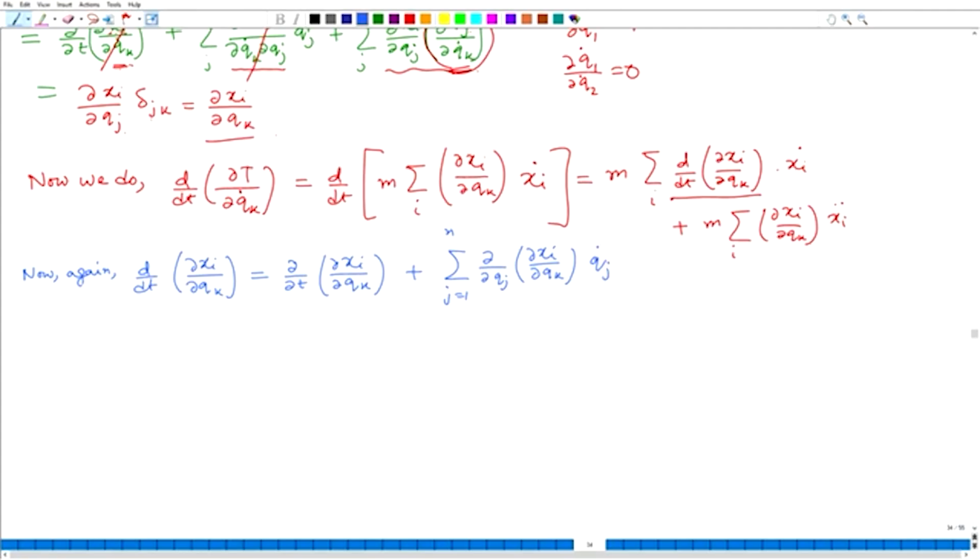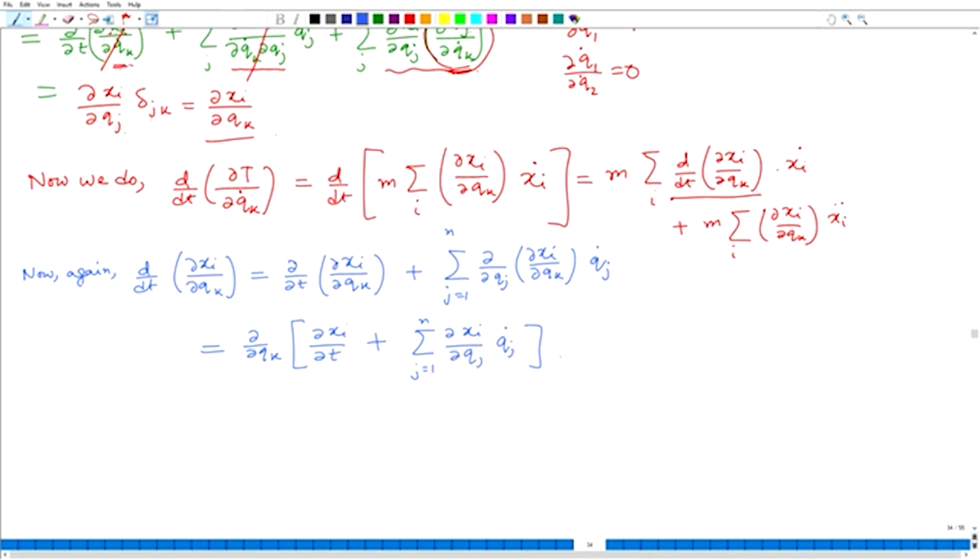If I can write this, I can do some permutations and finally say this is ∂/∂q_k of ∂x_i/∂t, plus, the permutation would become simply summation over j from 1 to n of ∂x_i/∂q_j times q_j dot.